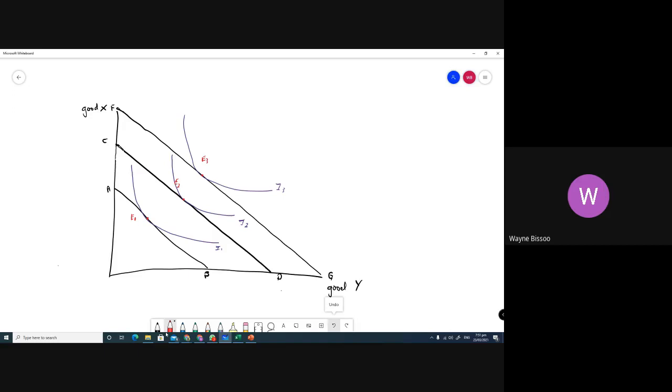If we connect these to each other, I'm going to use a dotted line, well, this red line here, I'm going to connect these points to each other like that. This gives rise to an income consumption line. As I said before, this here is an income consumption curve.